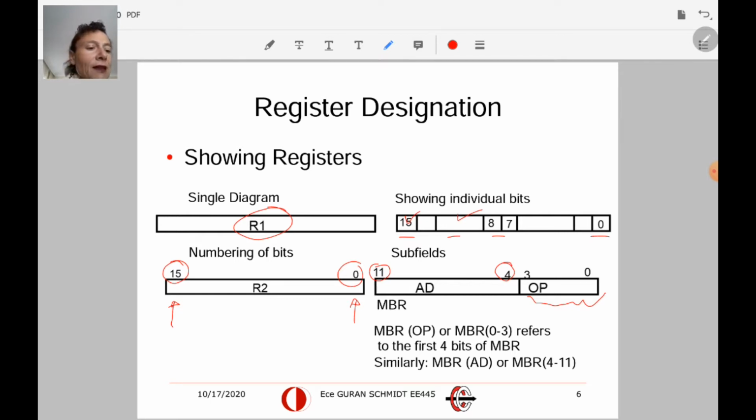Then you can refer to the least significant 4 bits by writing MBR of OP or MBR of 0 to 3. And you can also say MBR of AD or MBR of 4 to 11 for this part. So we are getting ready for our basic computer notation, but now we are only looking at it like a normal register.